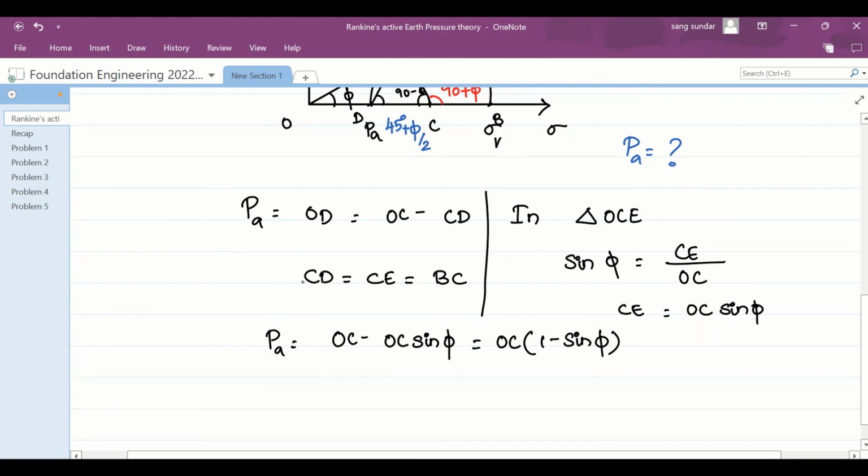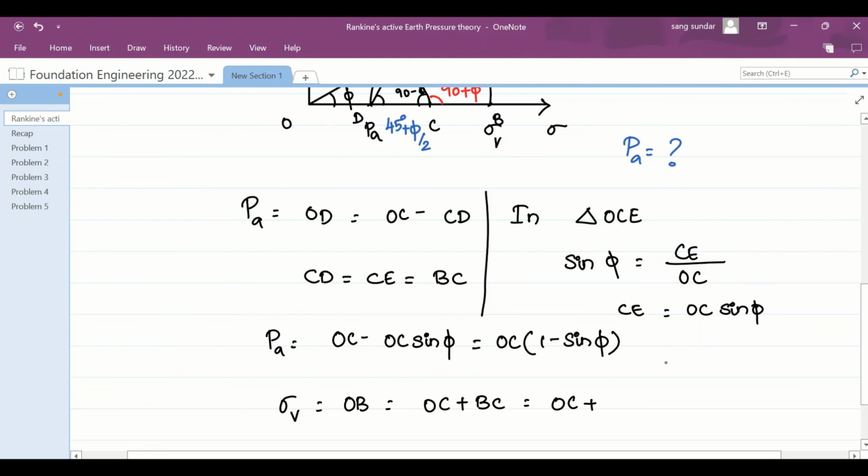Right? And now, what is your vertical stress equal to? Vertical stress is nothing but sigma V equal to OB. I can write OB as OC plus BC. So OC just retain as such, and BC is the radius, and we have proved BC equal to CE.